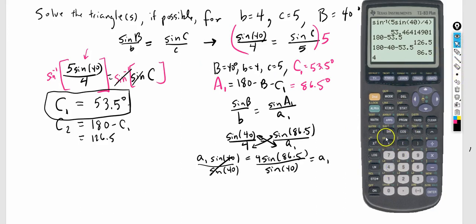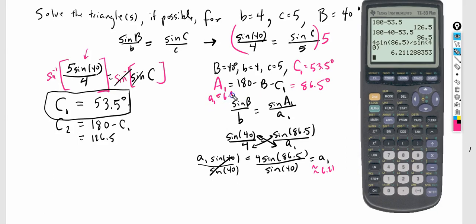So I'm going to have 4 and then sine of 86.5 divided by sine of 40. And angles you take to 1 decimal place, and sides you take to 2 decimal places. So that's about 6.21. So I come up here and I'm going to have a1 is equal to 6.21. So I have my first triangle sorted out.